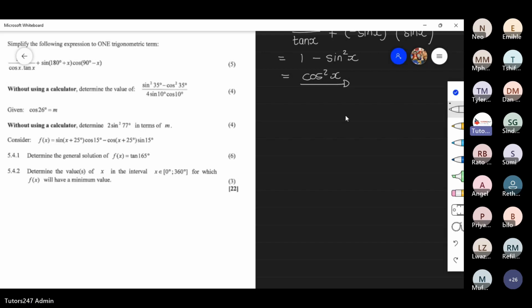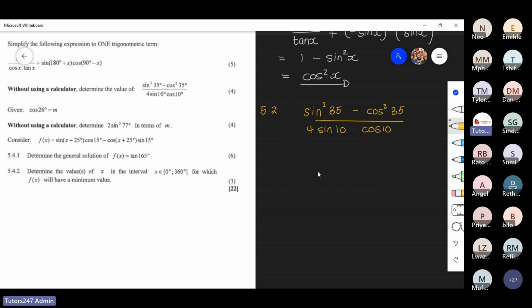So from looking at that, you can see that we have a lot of double angles within that question. So let's write it out. Sine squared 35 minus cos squared 35 all over 4 sine 10 times cos 10.